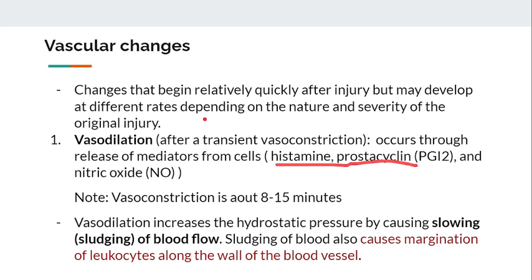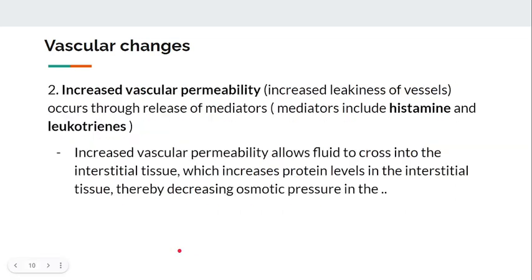After there's vasoconstriction, that blood has moved fast to the site, still in the blood vessels. Then there will be sludge. So blood will move at a slower pace, and this helps those cells to move closer to the endothelial wall, so that they can find themselves out of the blood vessel.